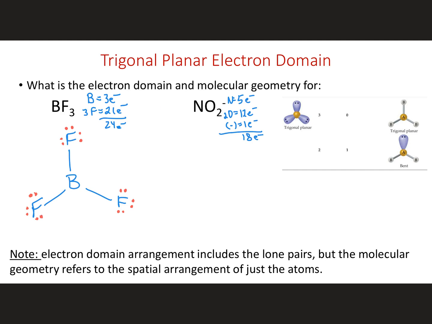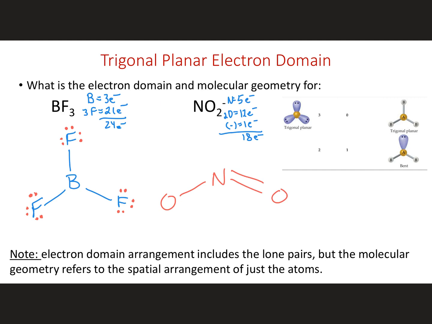For the nitrite, I'm going to put nitrogen in the center, and I'm going to put oxygen and oxygen. Okay, so now I've assigned 4 electrons. I have 18 more electrons to go. Well, I'm going to make an extra double bond to one of those oxygens. Now I've assigned 6 electrons. I've got 12 more to go.